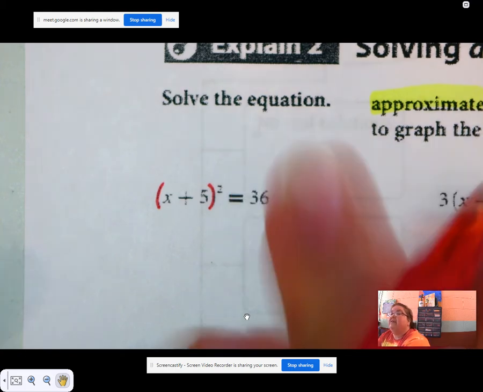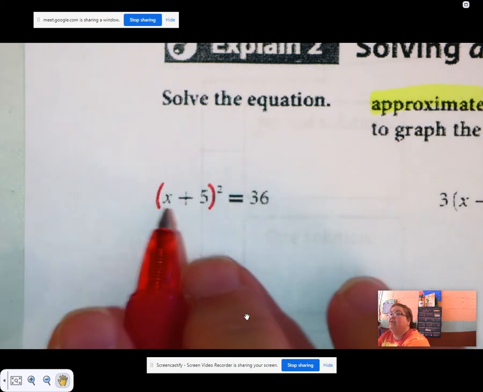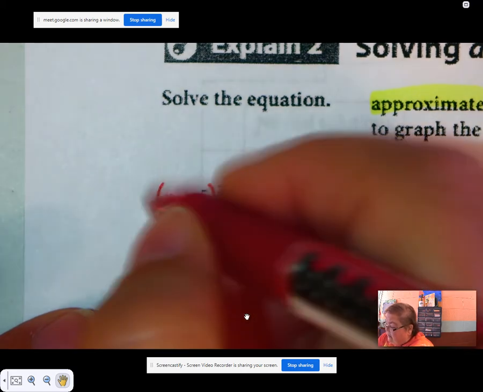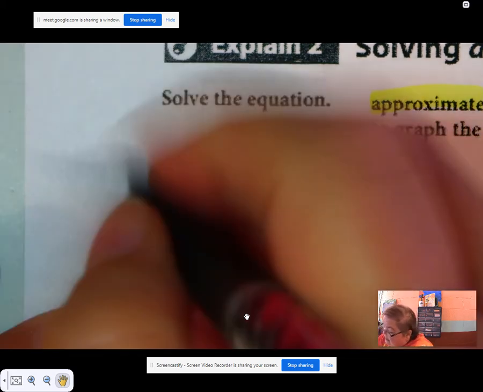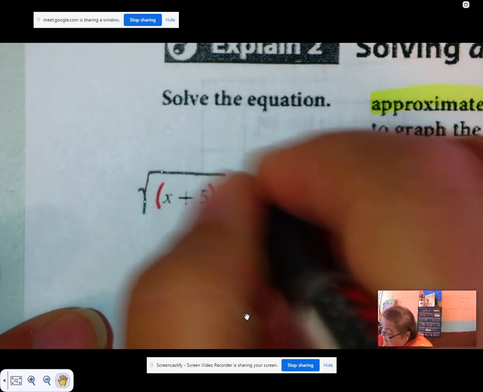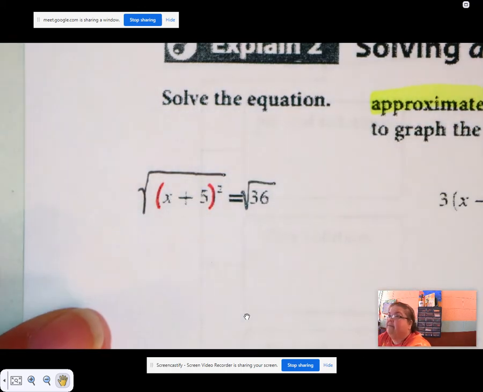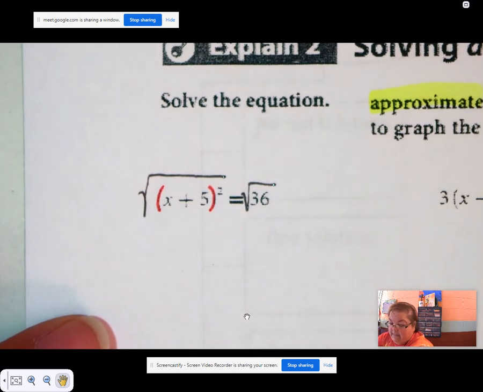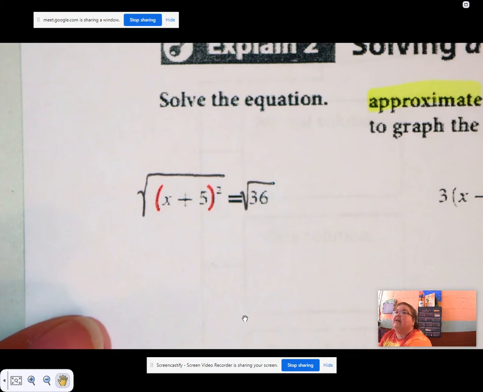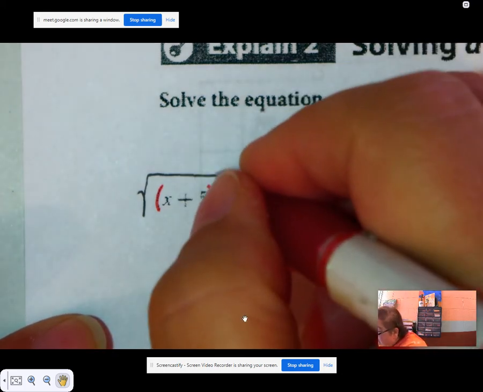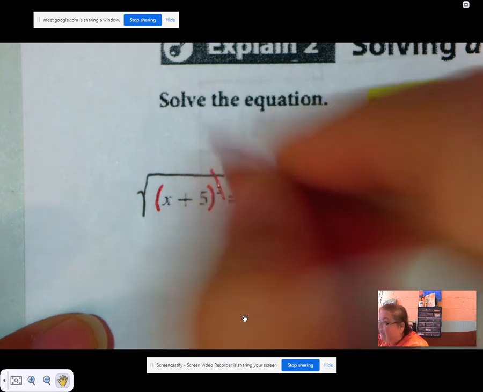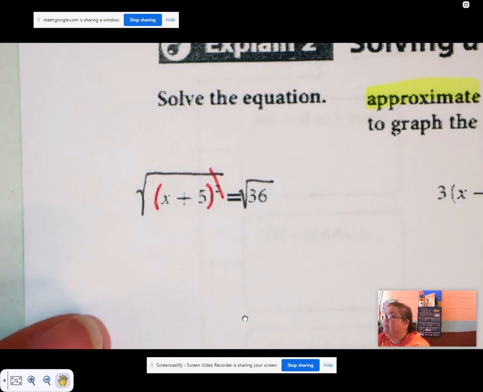No. So this is isolated. My parentheses squared are isolated. So I can take the root of this side and that side. Because remember, I'm isolating whatever is squared. It's already isolated. The root and the square cancel each other. That's the only thing that happens.